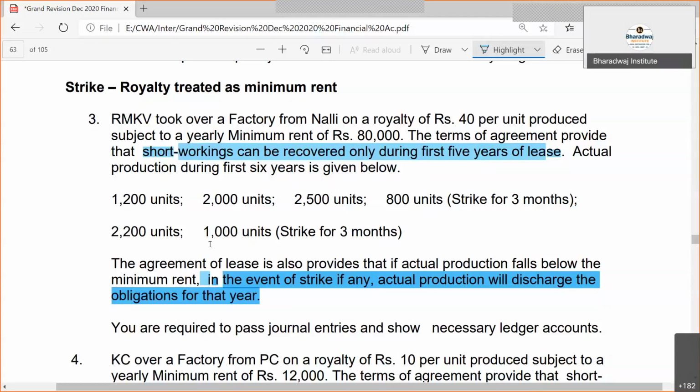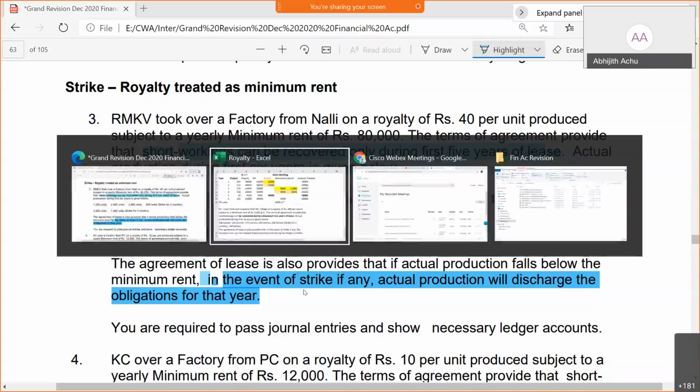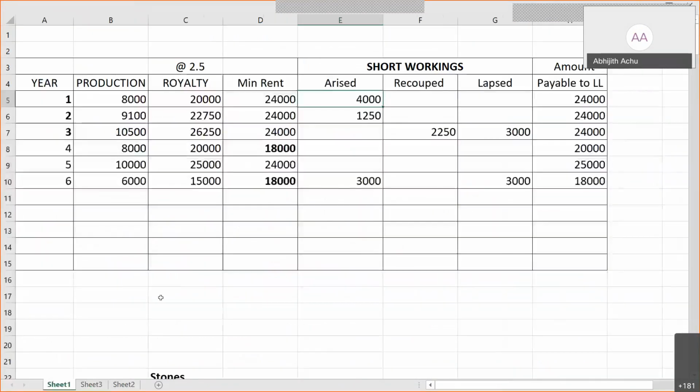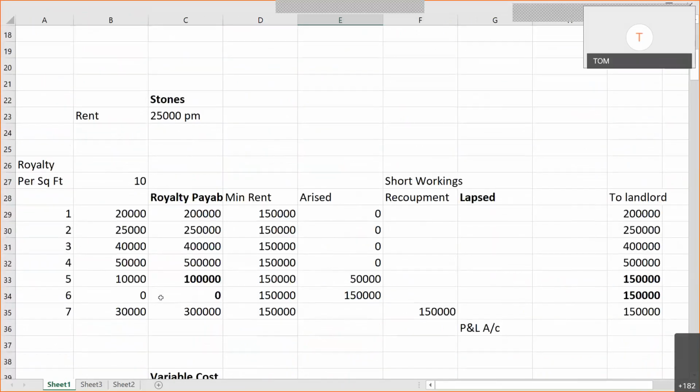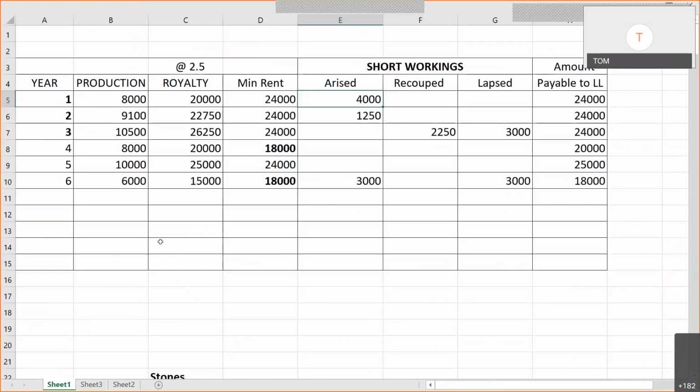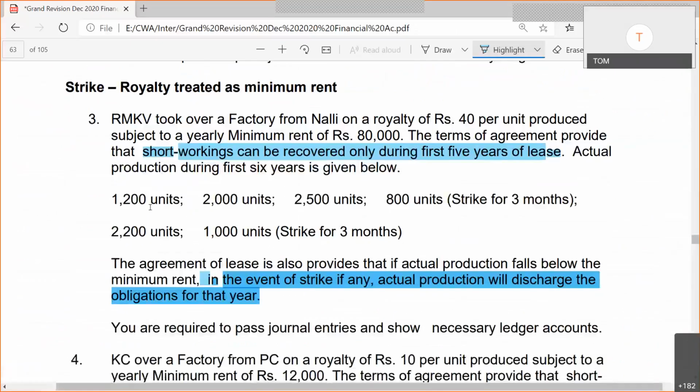Done? Have you done it? Yes, sir. So what is the production value in the 3rd year?